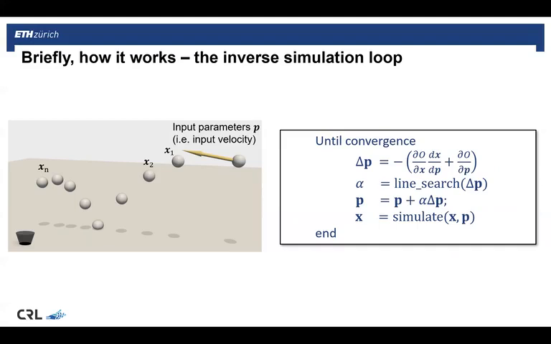If we're using a first order method, then we just directly use the Jacobian dx/dp here, which we now know how to compute. Once we have a direction along which the input parameters need to change, we can do a line search on that. And once we update the parameters, we once again run the forward simulation step to get the configuration of the system given the updated value of the parameters.